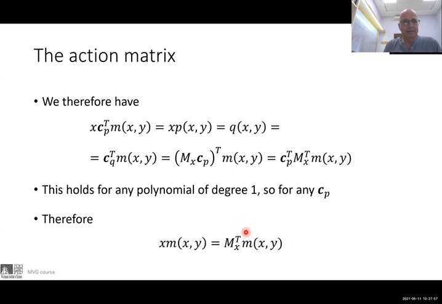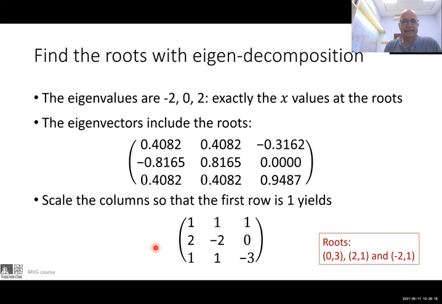This means that the monomial basis should be an eigenvector of M, and x should be the eigenvalue. So let's see what happens.